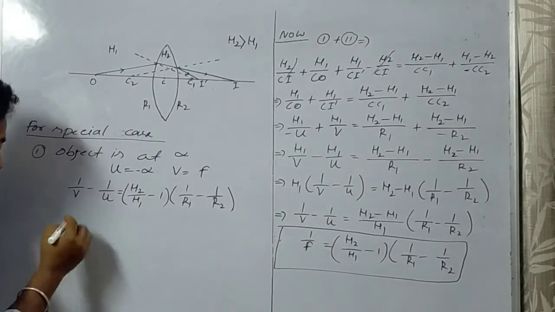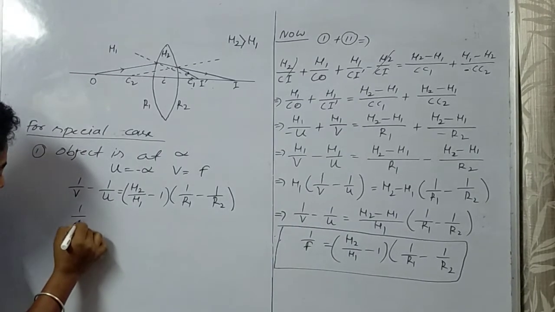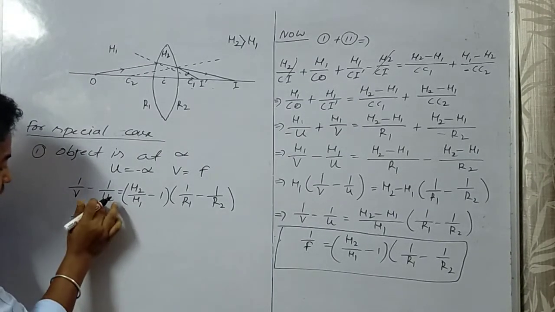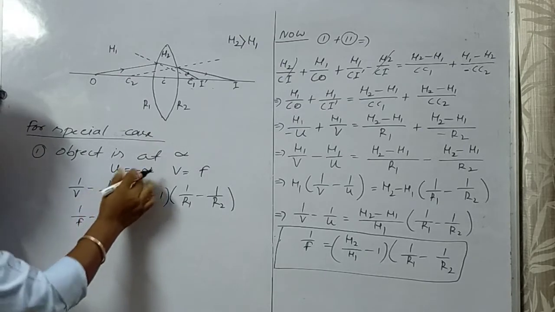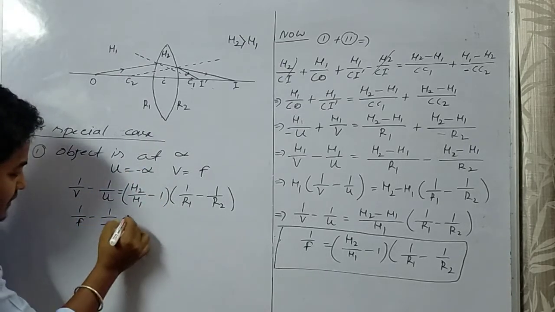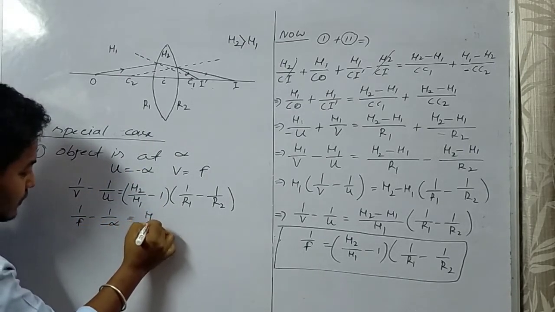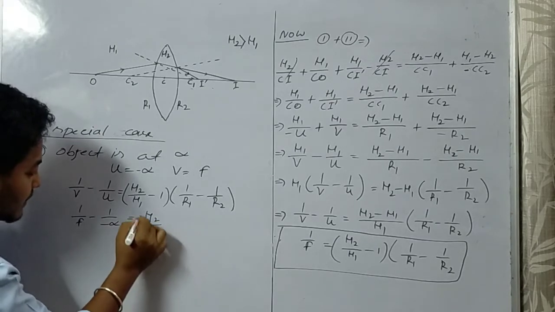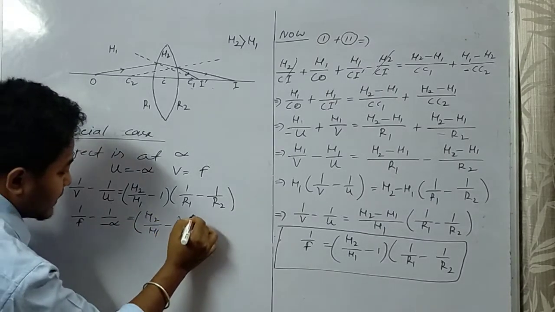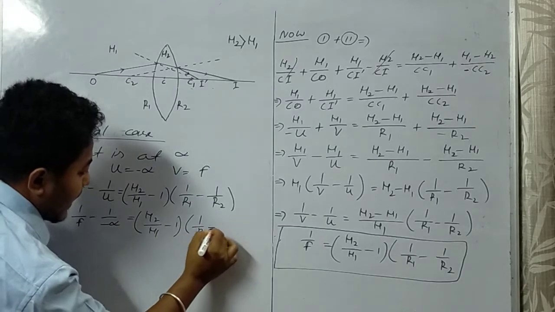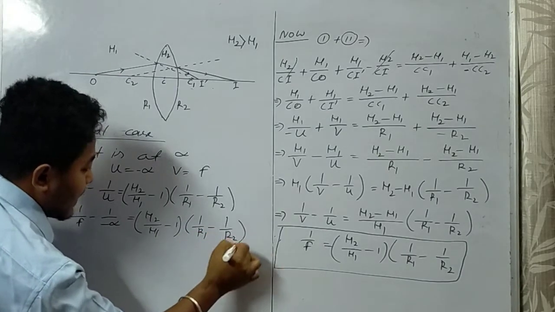So if I put the value now, 1/f - 1/infinity, u in the place of u it will be minus infinity, is equal to (μ2/μ1 - 1)(1/r1 - 1/r2).